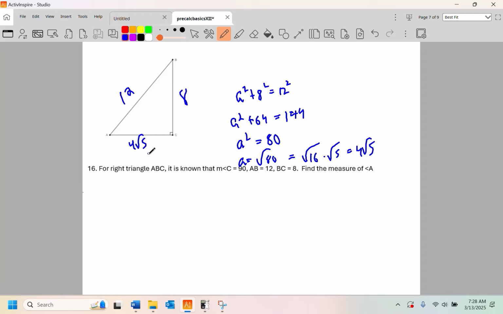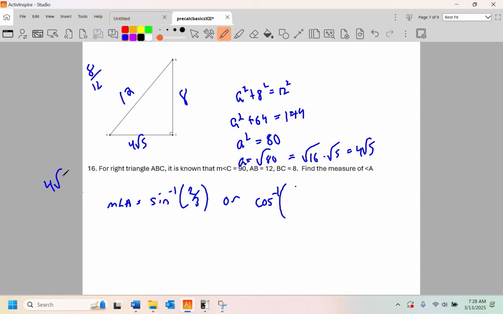Why did I do that? Because why not? Because there's 3 possible right answers. I could have simply done, and I wouldn't be this lazy, but the measure of angle A could be the arc sine of 8/12. By the way, 8 over 12, both those are divisible by 4, is 2/3. Or it could have been the arc cosine of 4 root 5 over 12.